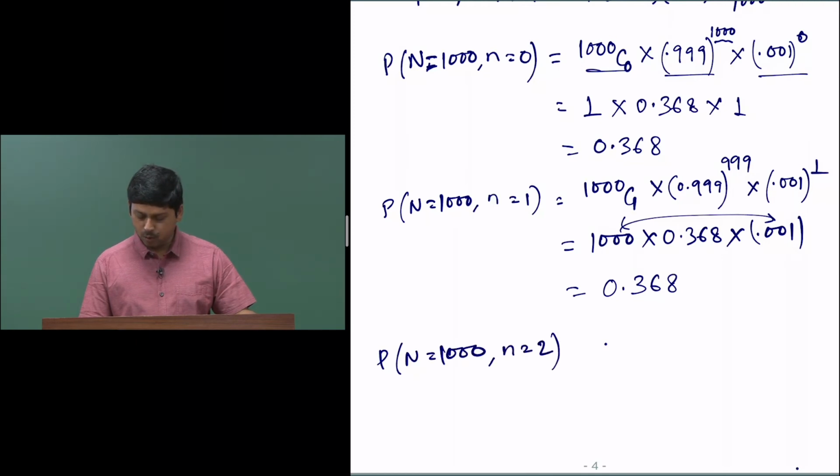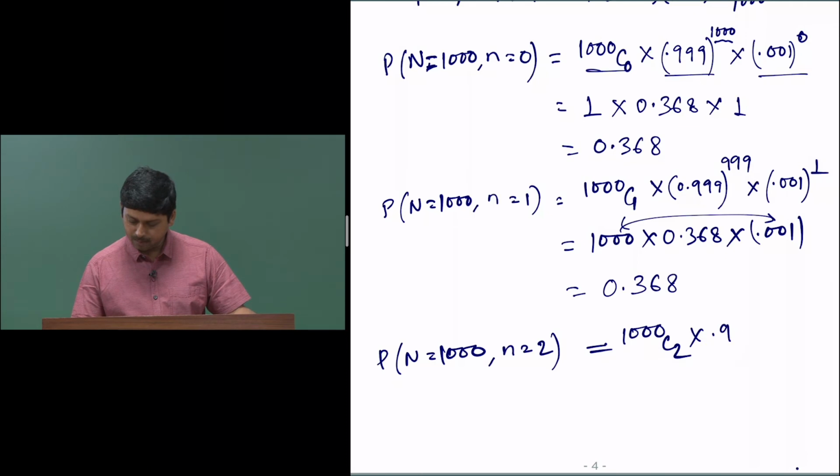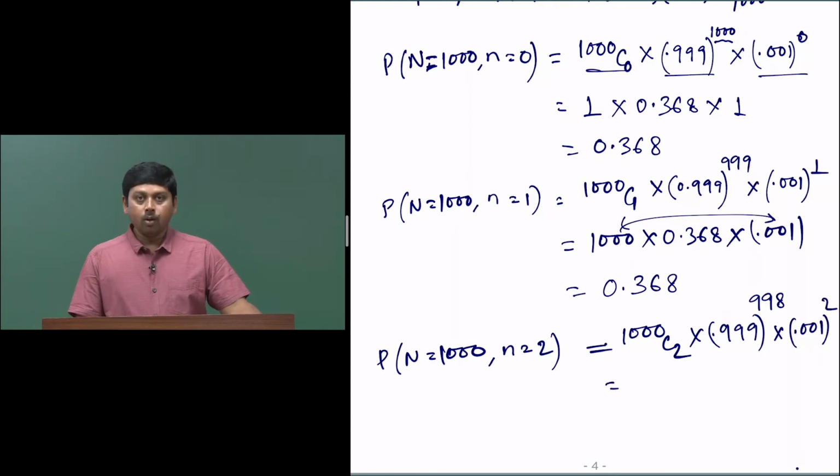Now, let us see the next one, N equal to 1000 and n equal to 2. That is going to give us 1000 C 2 multiplied by 0.999 to the power 998 into 0.001 to the power 2. What is 1000 C 2?